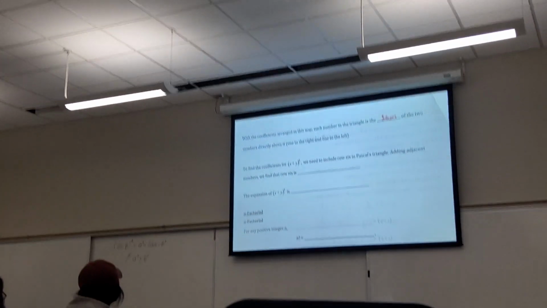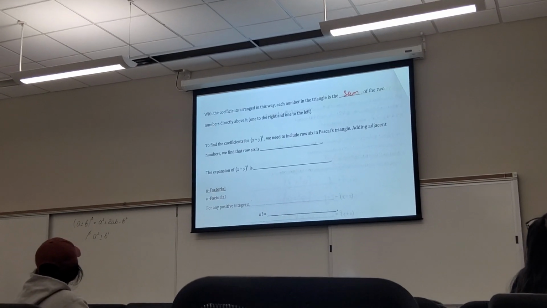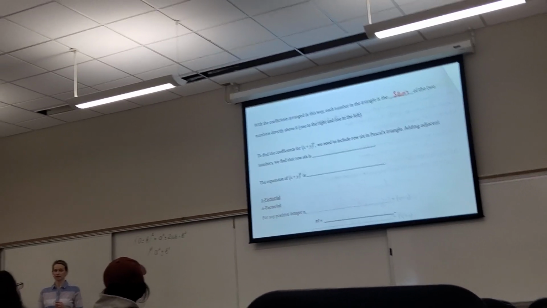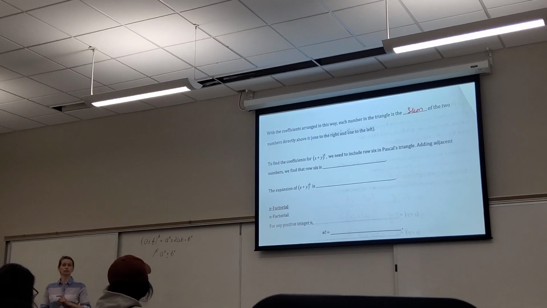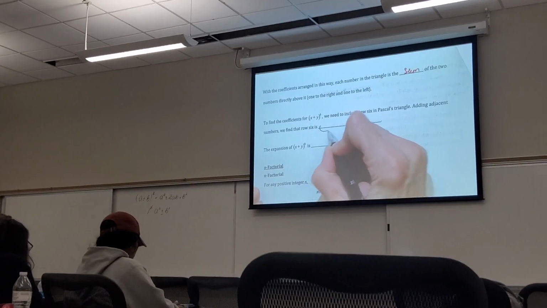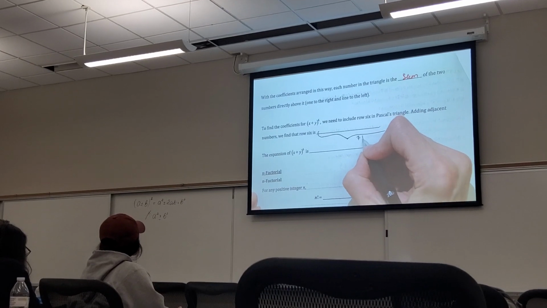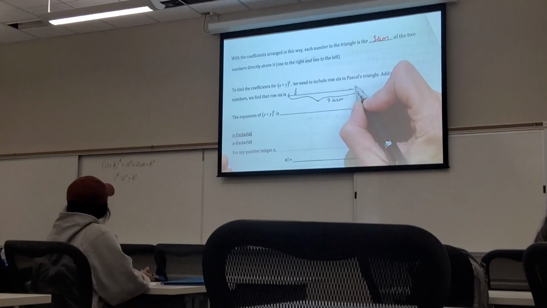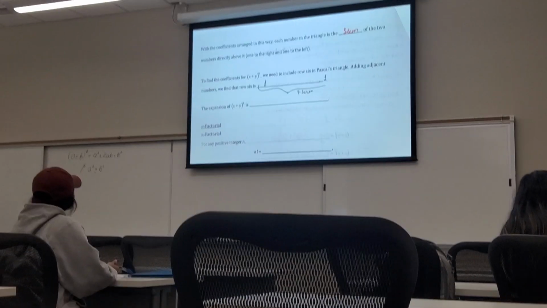So we start. Now let's discuss the pattern first. How many terms am I going to have? 7. Yes? What would be my first term? 1, correct? What would be my last term? 1, yes?